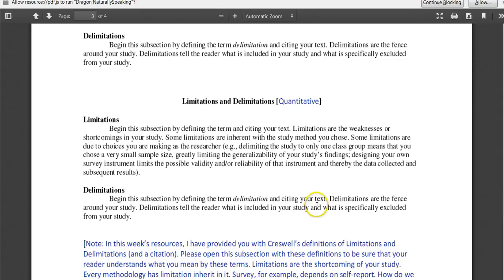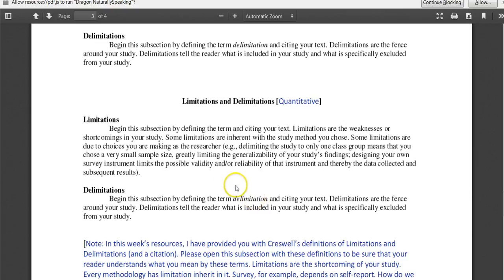You might have as a delimitation for your survey that you would be sending X number, maybe 200, survey questionnaires, and it would be delimited to 3 different organizations, what those organizations were, and that if people did not respond fully to the questionnaire, you were going to not use it, or maybe you are going to use it, or if they didn't respond to one section, you're not going to use the data.